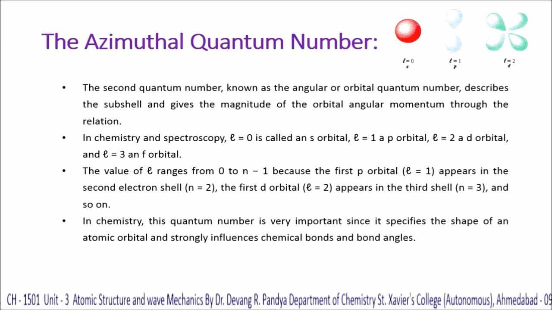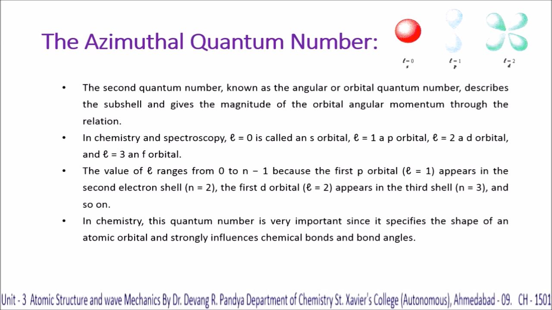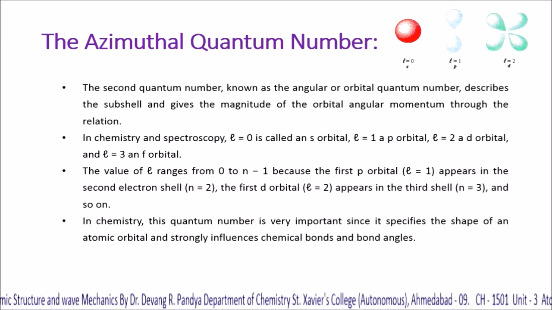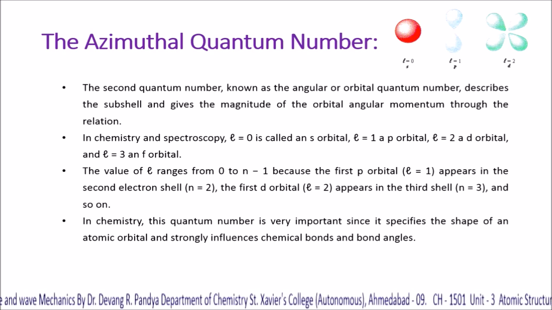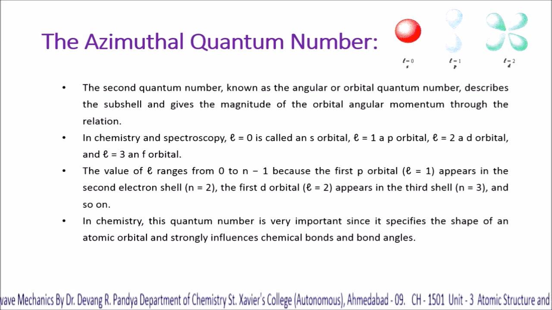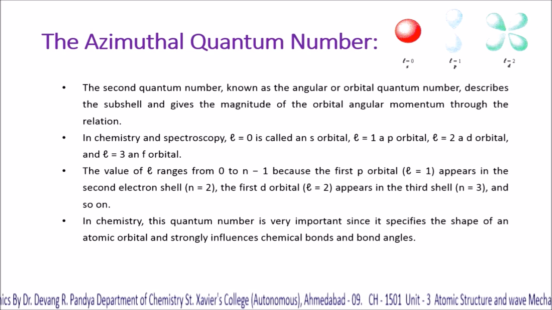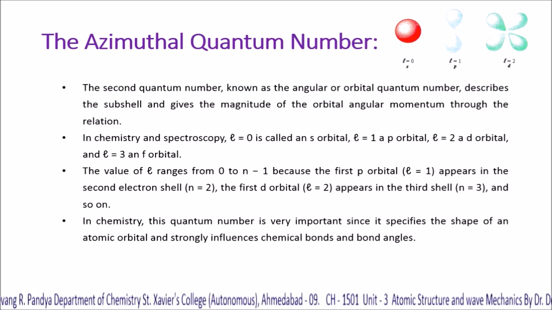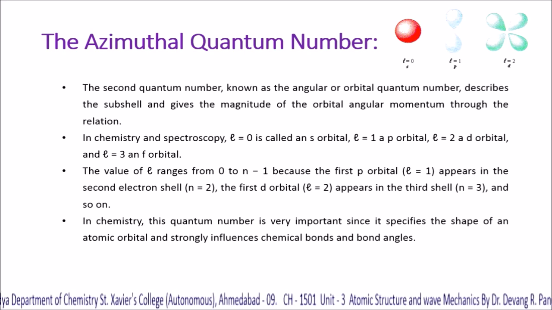The value of L ranges from 0 to n minus 1, because the first p orbital, that is L equal to 1, appears in the second electron shell, n equal to 2. The first d orbital, L equal to 2, appears in the third shell, n equal to 3, and so on. So that is why the value of L ranges from 0 to n minus 1.